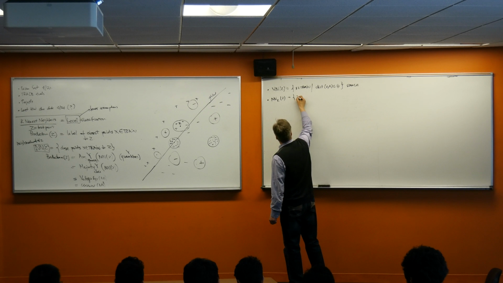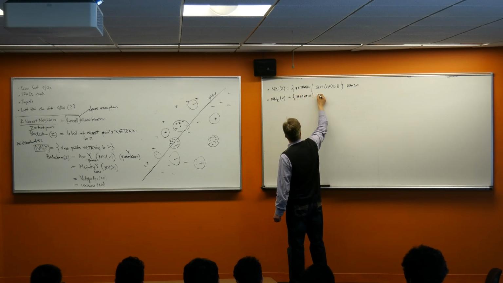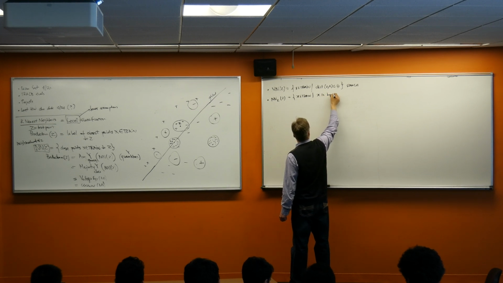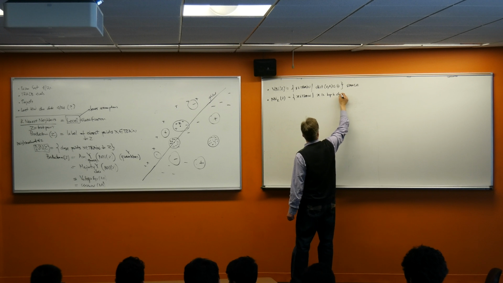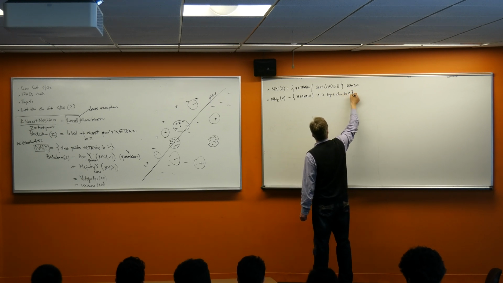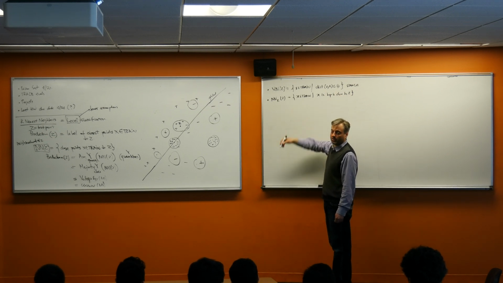It's all X in the train such that X is in the top k closest. That is, if I sort by distances, X would be one of the top k.